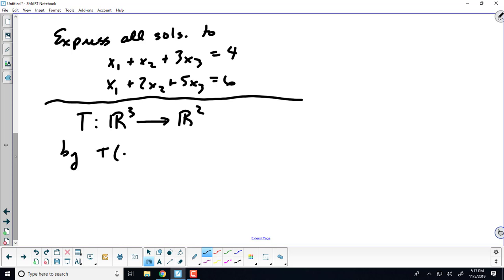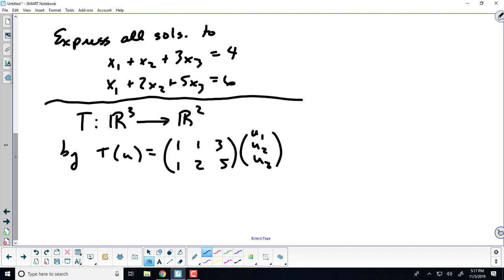By T of U equals the matrix 1, 1, 3, 1, 2, 5 times U1, U2, U3. I kind of want to use U's so I don't get them confused. So that's how this transformation works, right? It takes a vector in 3 space, maps it to 2 space by this combination.